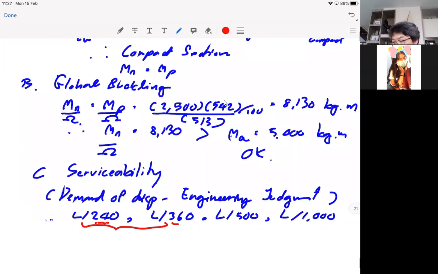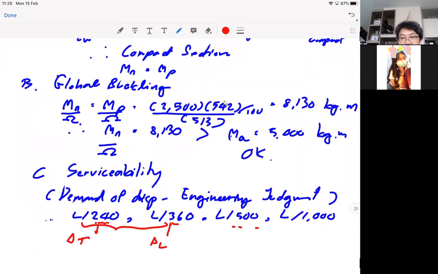And Thai engineers generally use this limit for the displacement on total load. This is displacement for the live load only. And this is the special case when you work in a factory and you want to limit the vibration of the machines. So you limit the vibration by keeping the displacement of your structure very low, so it doesn't vibrate very much.